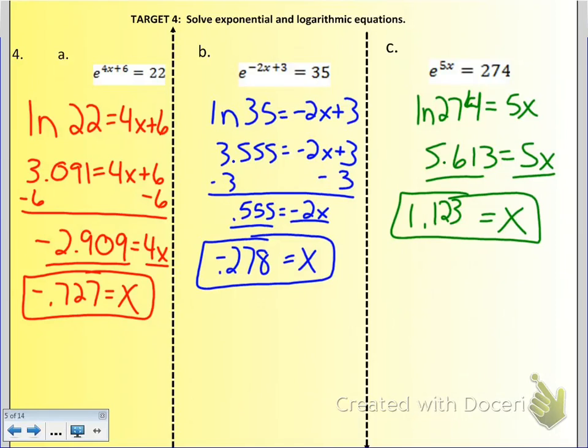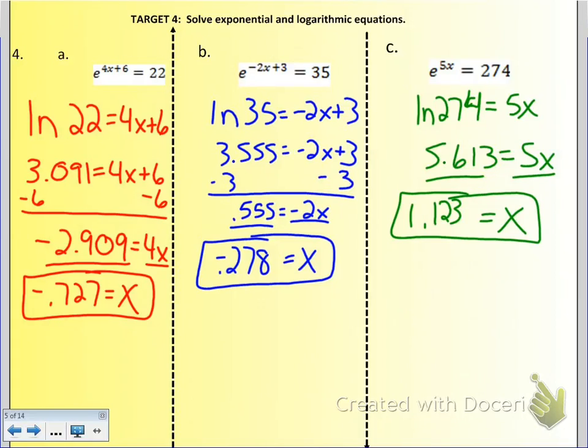Part C, here in green, we write this in logarithmic form, so we end up with the natural log of 274 equals 5x. The natural log of 274 is 5.613 equals 5x. Divide both sides by 5, and x equals 1.123. There we go. I think I missed a 1 the first time.